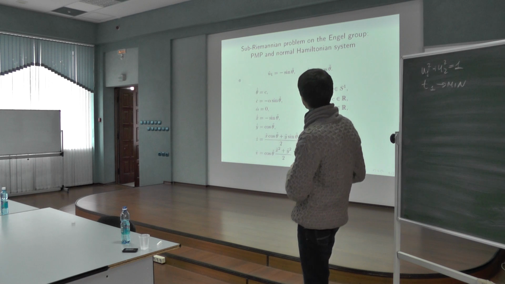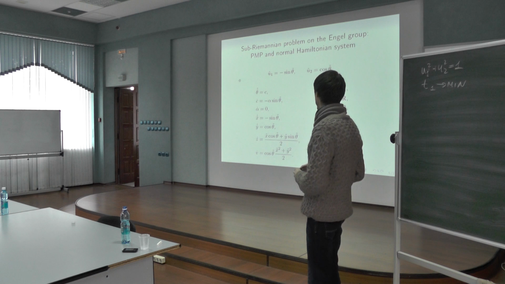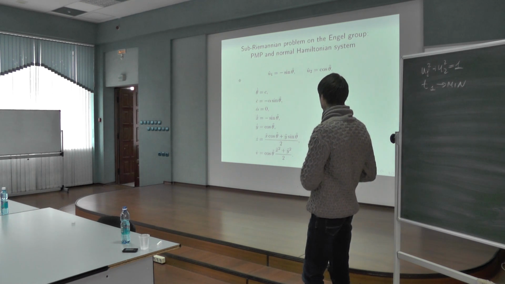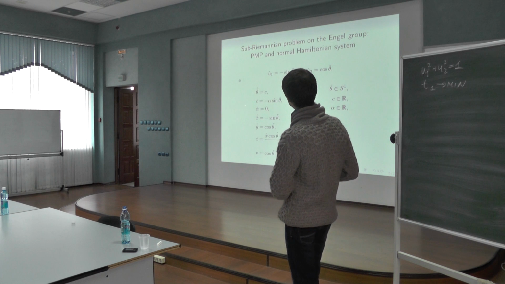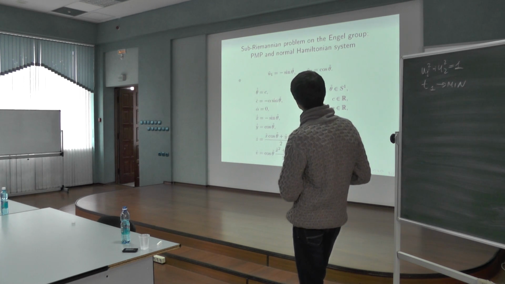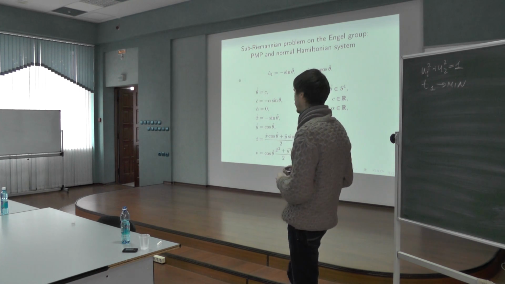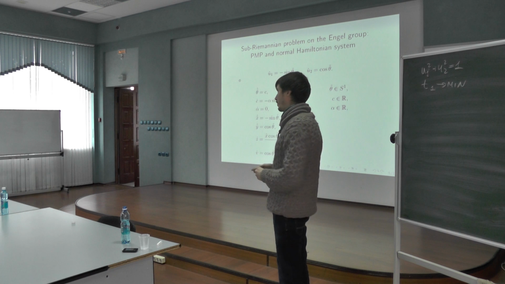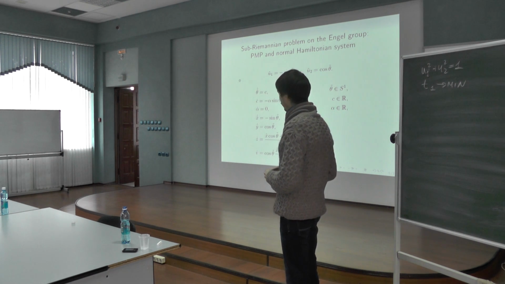Optimal controls are defined by the maximum condition, and the Hamiltonian system has the following form. Notice that the vertical subsystem is reduced to the pendulum equation, and the behavior of the pendulum defines the behavior of our trajectories.